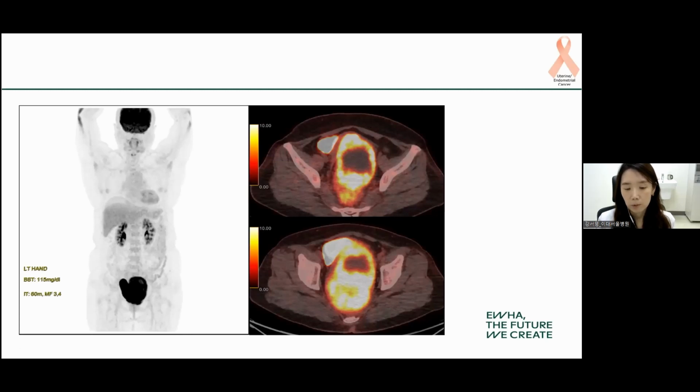However, the pathology finding was GIST, gastrointestinal stromal tumor. So it is a very rare and interesting case in the uterus and vagina.